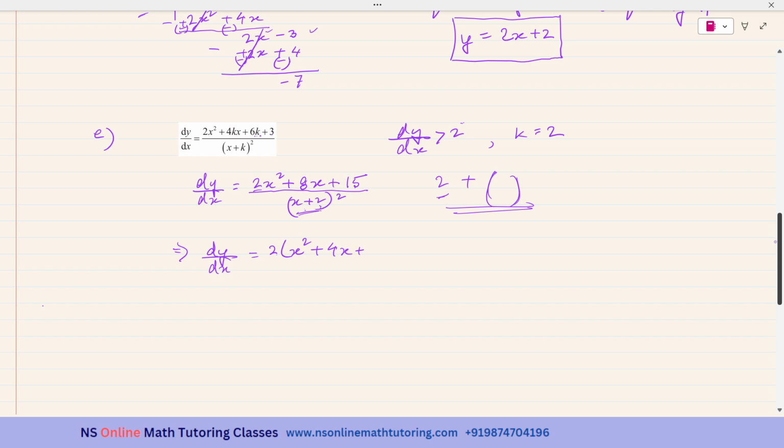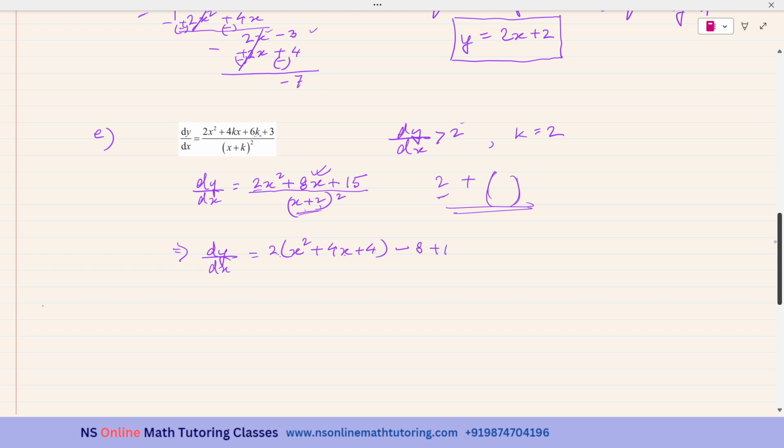So I'm just writing straight away this expression. And 2 times 4x is 8x. Okay, it is fine. And 2 times 4 is 8. So I have added this plus 8. And since I have added plus 8, I have to add minus 8 also.